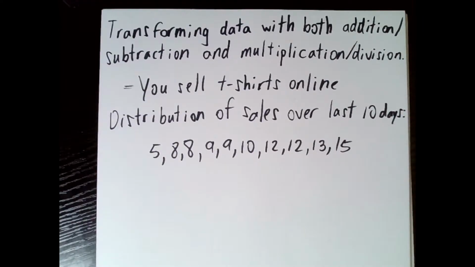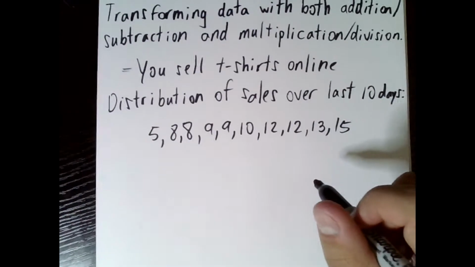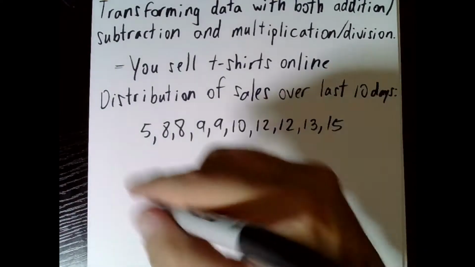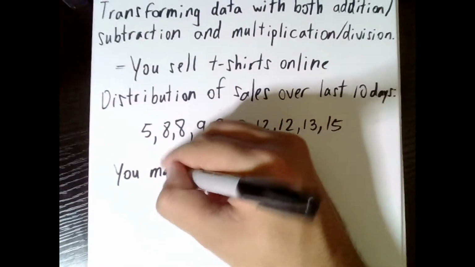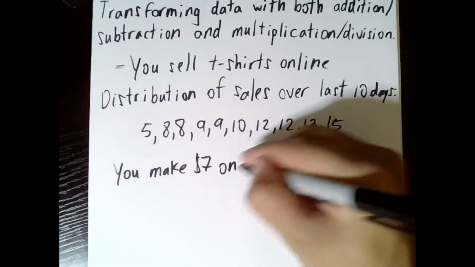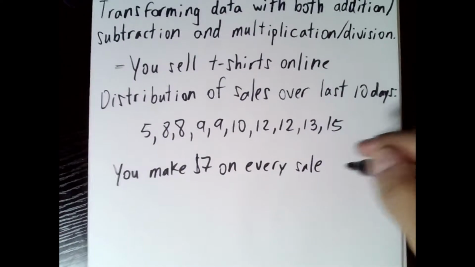Let's say you're selling your t-shirts online, and if any of you have sold anything online, you know every company wants to take a small cut of your sales. Now, let's say, just for convenience's sake, you make $7 on every sale.